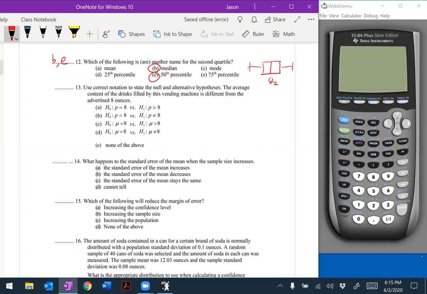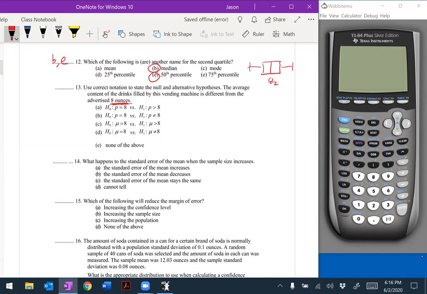Use correct notation to state the null and alternative hypotheses. The average content of drinks filled by this vending machine is different from the advertised 8 ounces. They're trying to rip me off. He's scamming me, bro.